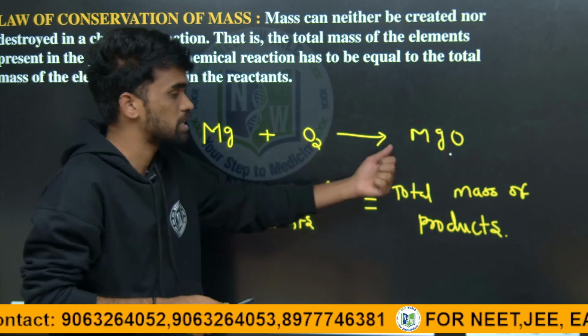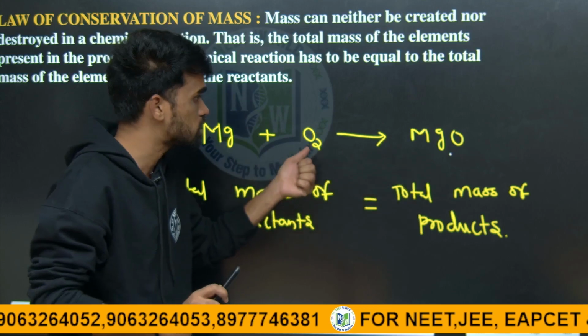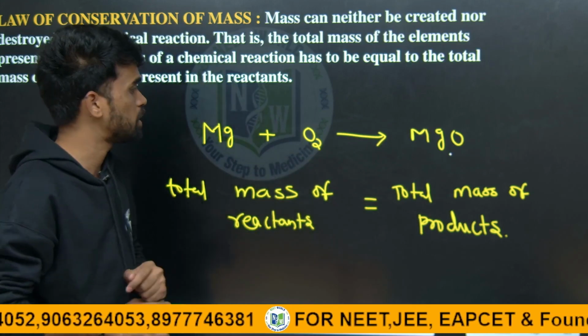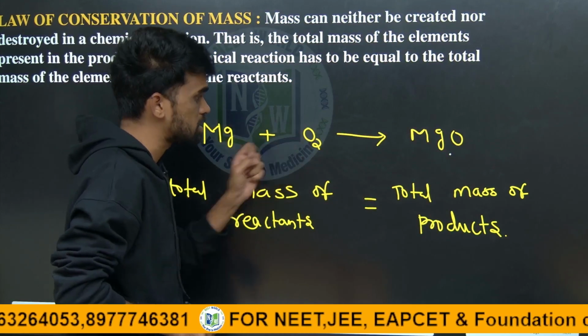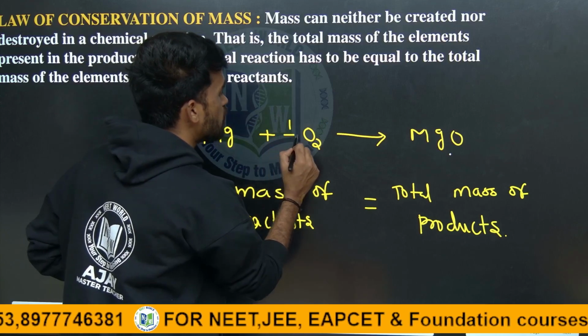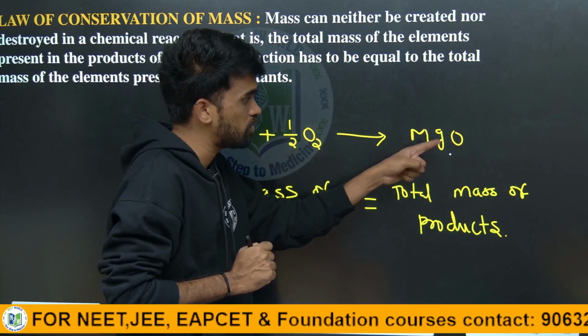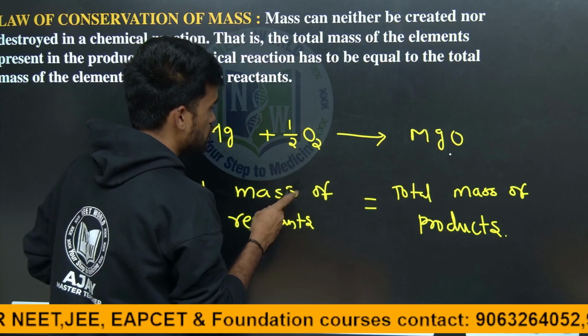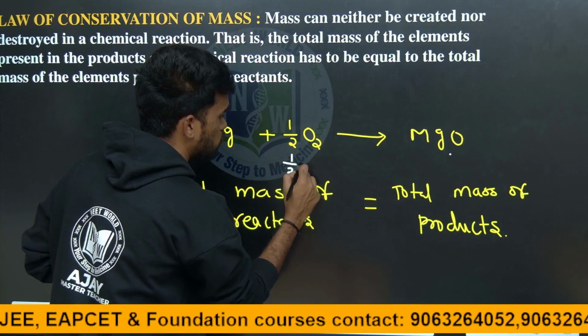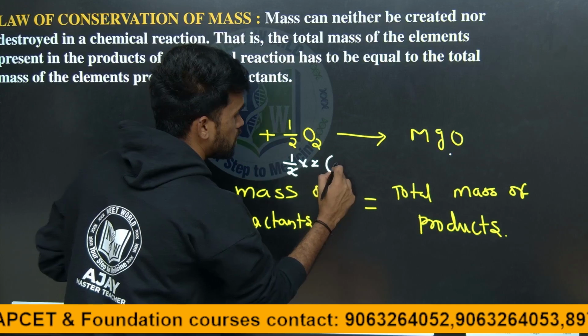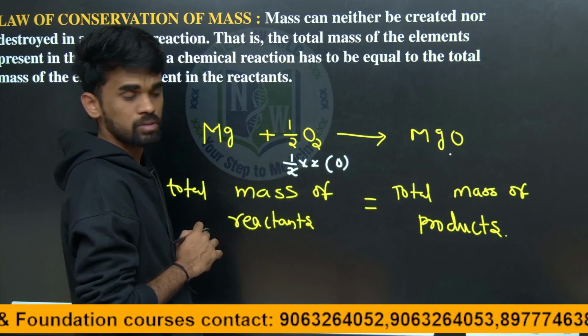Magnesium is fine here, 1 only, but oxygen is not balanced. For that purpose, instead of taking it as 1, we can take half a mole itself, I mean half of this oxygen molecule, therefore it will give 1 oxygen. See, half into 2 will be nothing but 1 oxygen atom only. Right.